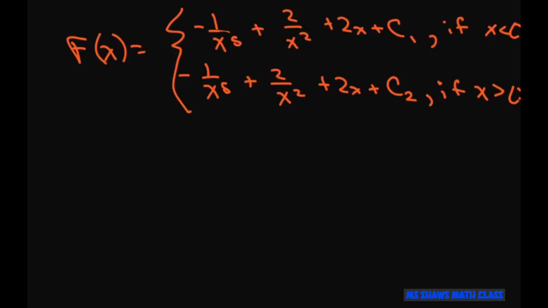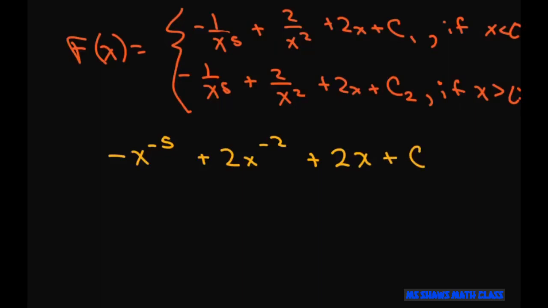And of course, to check your solution, let's go back to what we had before. We had negative x to the negative 5 plus 2x to the negative 2 plus 2x plus c.